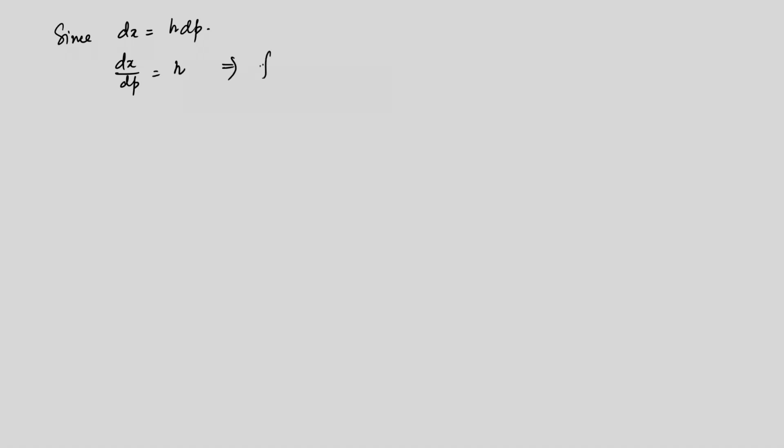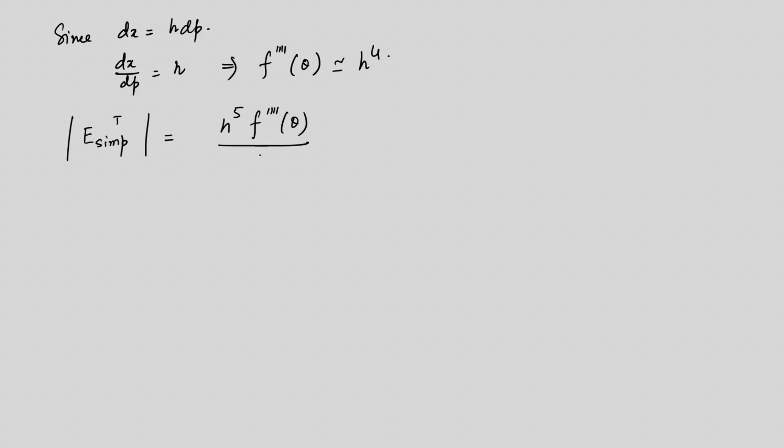So that gives that f 4 theta is order of h 4. So E simp, let us just write the truncated one, but the magnitude of that is h 5 by 4 and theta divided by 90.